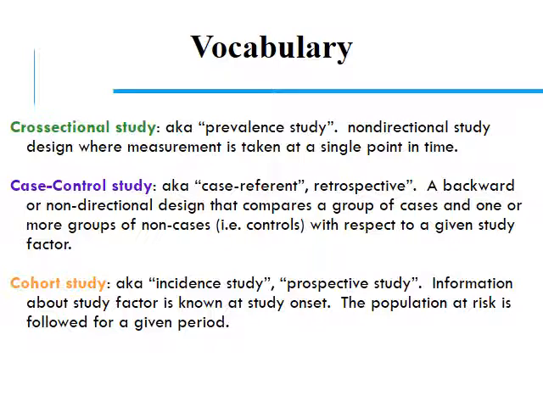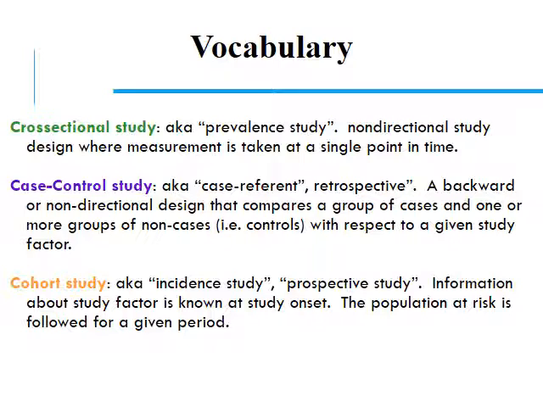A case control study is also known as a case referent or retrospective study. It's a backward or non-directional design that compares a group of cases and one or more groups of non-cases, often referred to as controls, with respect to a given study factor.